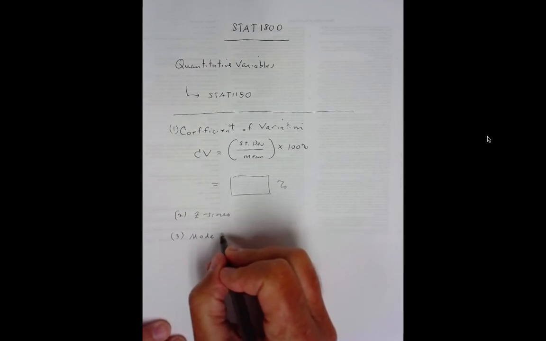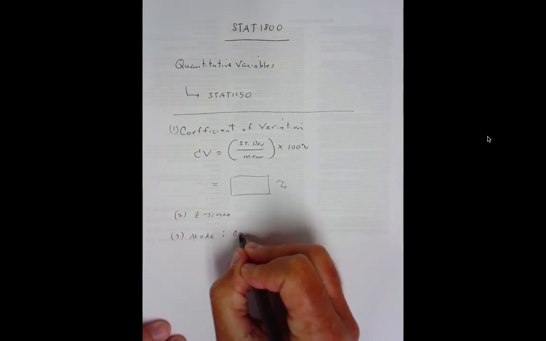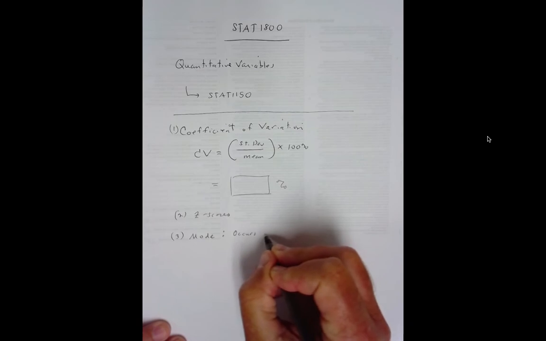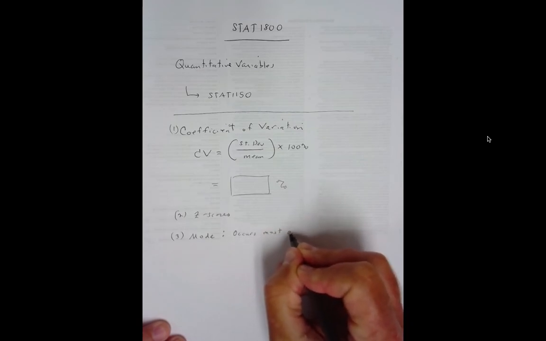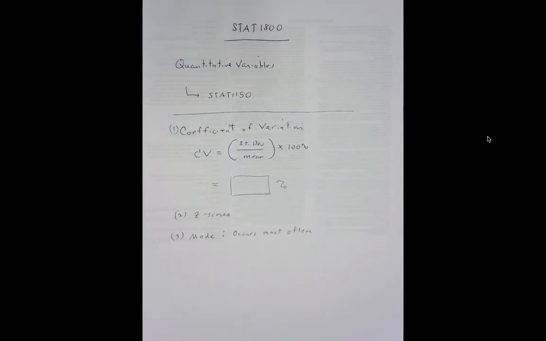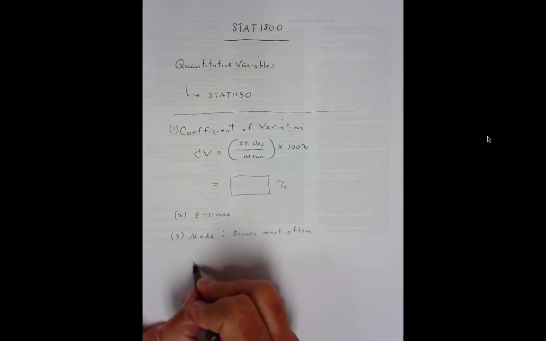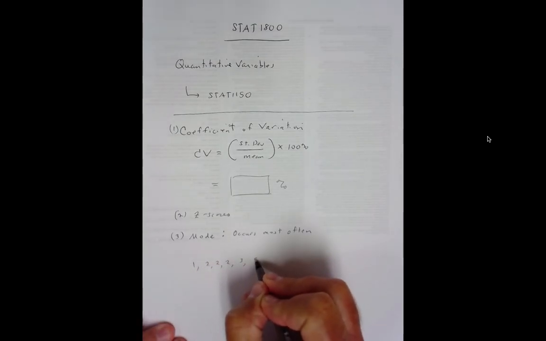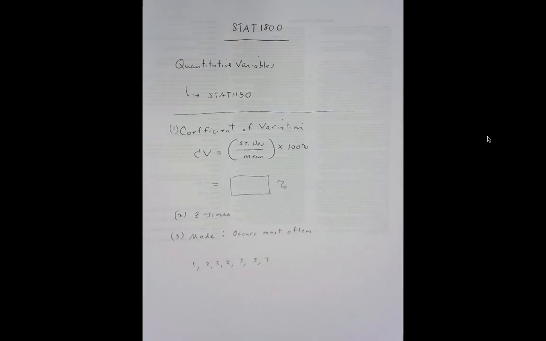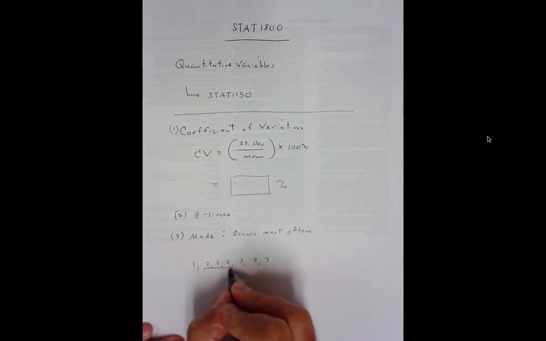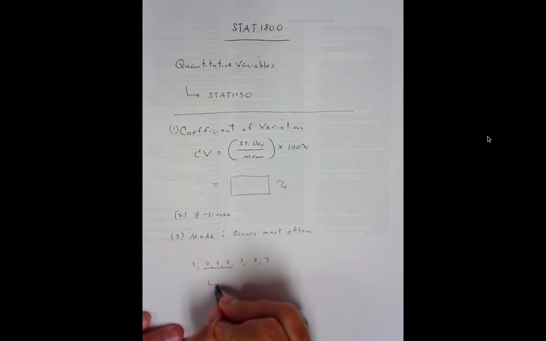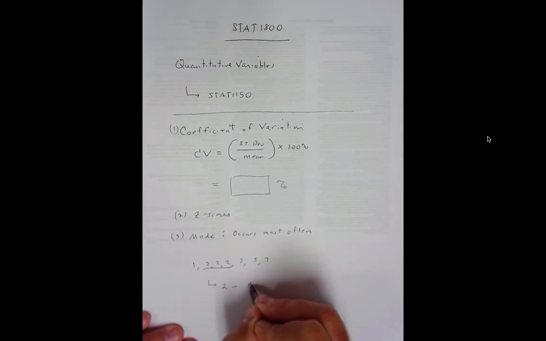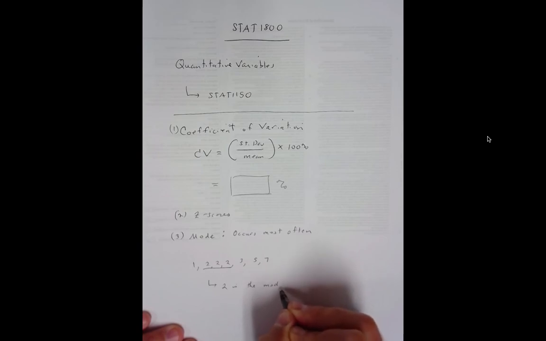Mode is not. And what I want to tell you about the mode is it is the piece of data, the measurement, that occurs the most. So if I have a data set 1, 2, 2, 3, 5, 7, just as an example, we can see that 2 has occurred 2 times, so 2 is the mode.